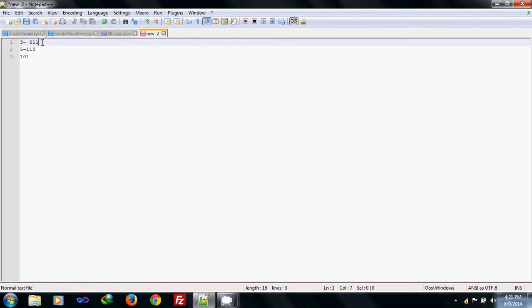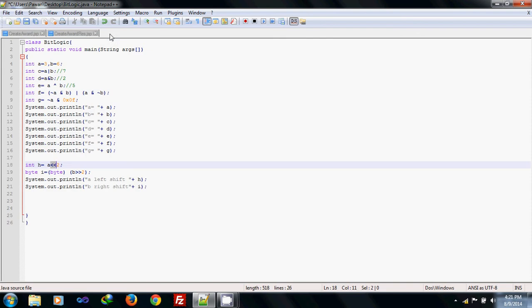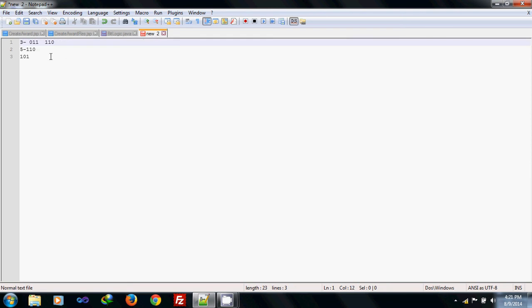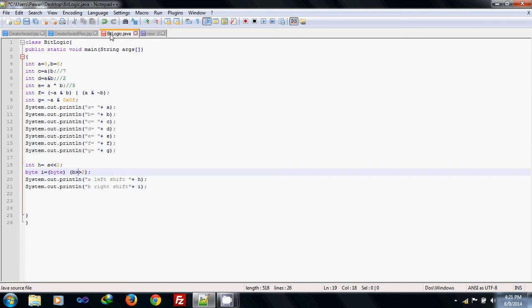Suppose this is 0 1 1, it would move to 1 1 0, and the blank space will be filled with 0. Similarly for 6, this is right shift, so every digit would move one digit right. So if it is 1 1 0, it would be 0 1 1. So this is left shift and this is right shift.